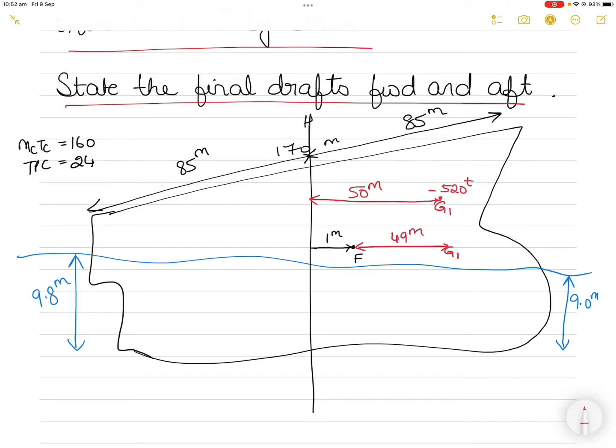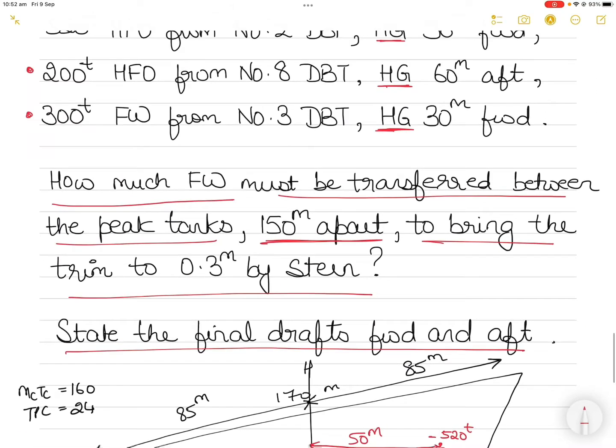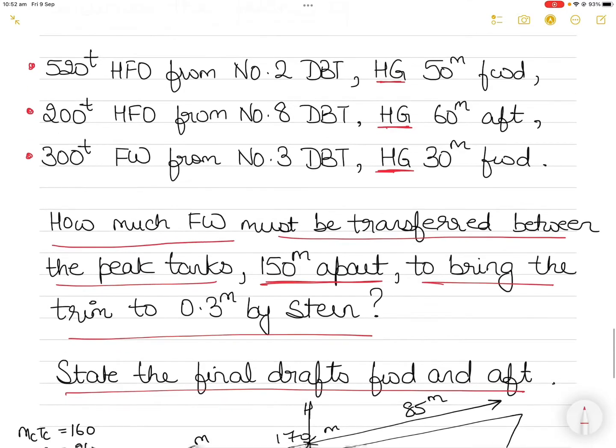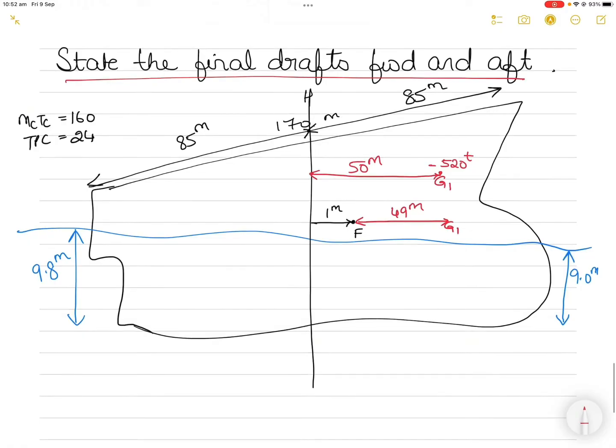Similarly, we have consumed 200 tons from number 8 DB tank. I'm just drawing it at random. I don't know where the tanks are located, to be very honest. So this is G2, and minus 200 tons of fuel oil you have consumed from here. Again, H to G is given to us as 60 meters, but what we are interested in is G2 to F, which is 60 plus 1, 61 meters.